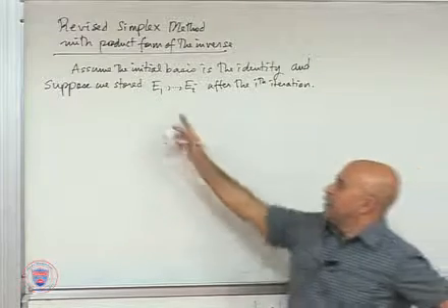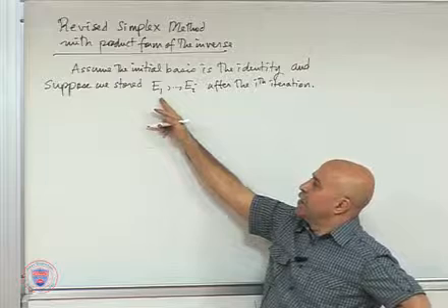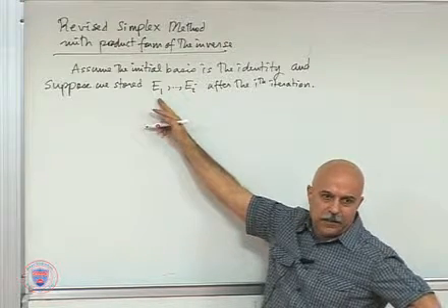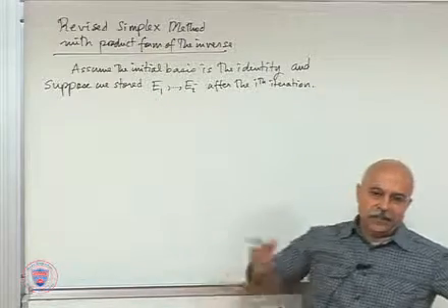Now again, you should not literally take a storage for each E1 or EI. What do you need to store EI or E sub j, whatever?